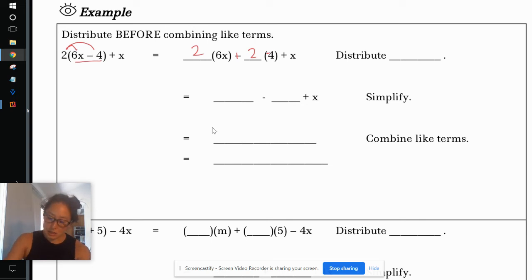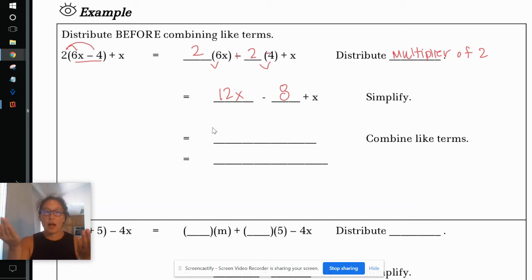Okay, so we're going to distribute the multiplier, which was 2. And then we're going to simplify. So 6 times 2 is 12, and then we bring down the x with that. And then 2 times negative 4 gives me negative 8 plus x.